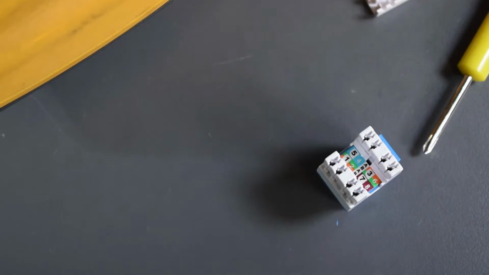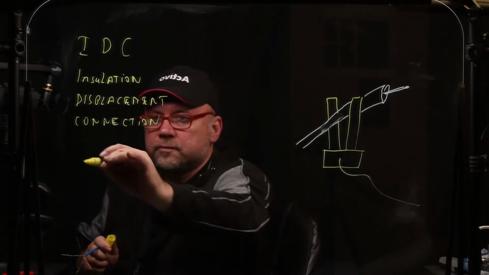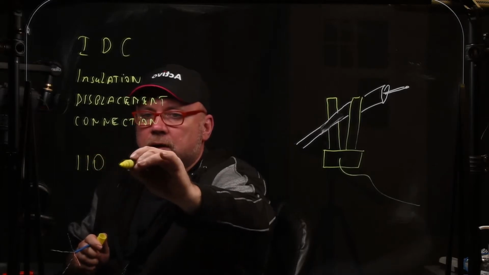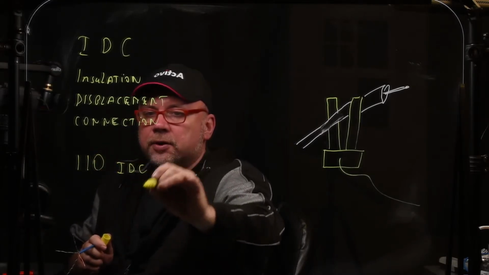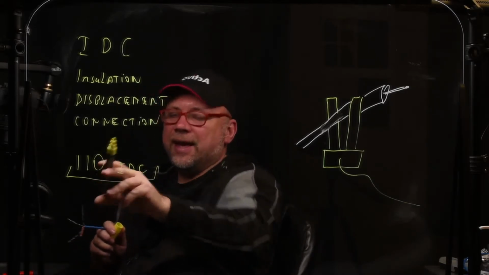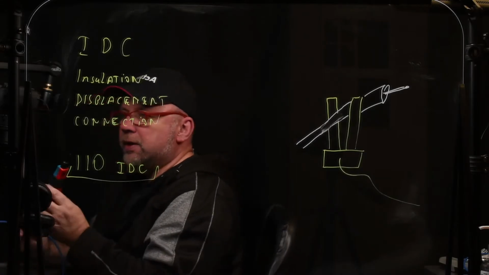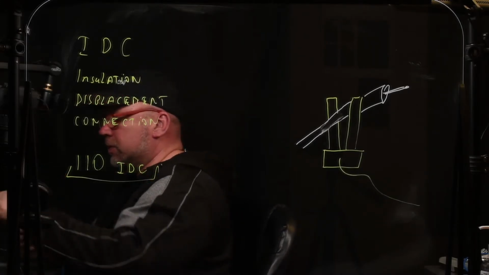Now, for the insulation displacement connection, this is called 110. All right, 110. IDC. 110 considered as a name. And the 110 punch down tool looks like this.